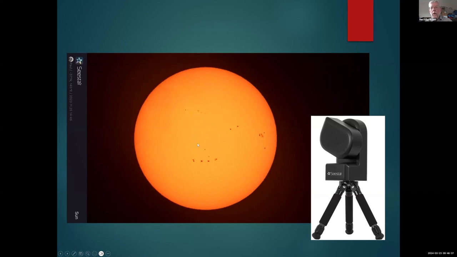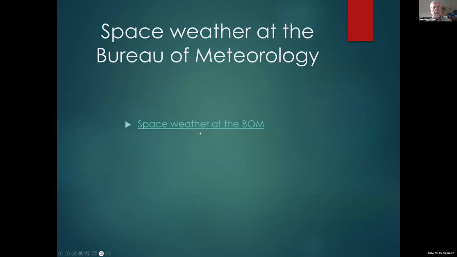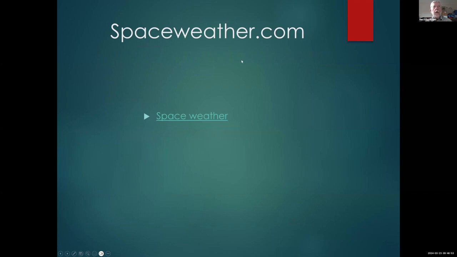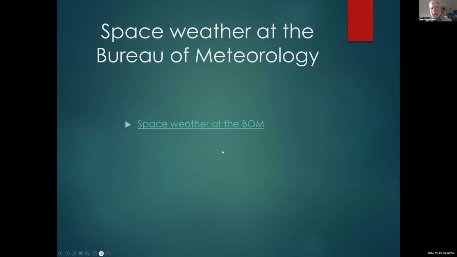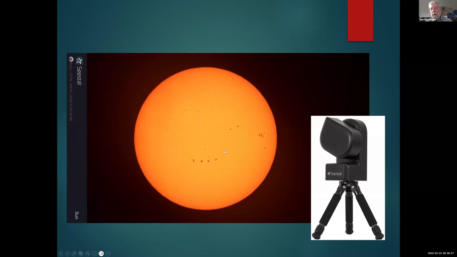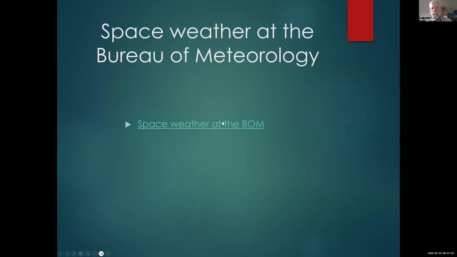Because you can go and grab an image of the sun at zero notice, or you can get one from the NASA SOHO website, and then you can match it up with the space weather information that's coming from the Bureau or from spaceweather.com. So that's all accessible and at zero cost, really, because you can get the images for zero cost and the space weather information at zero cost.